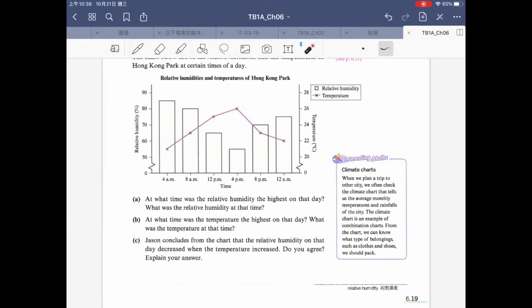Look at the question. At what time was the humidity the highest on that day? Humidity, bar chart. So the tallest rectangle is this one. So the time is 4 a.m.